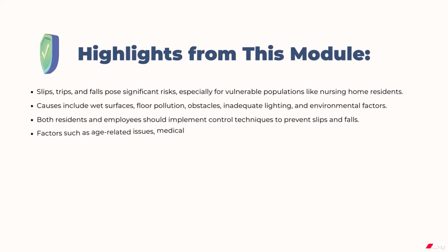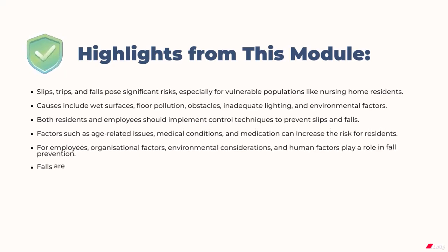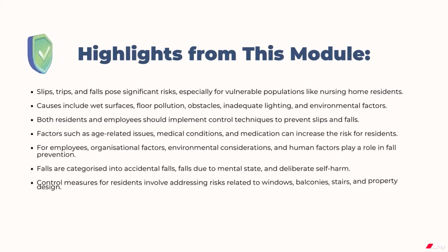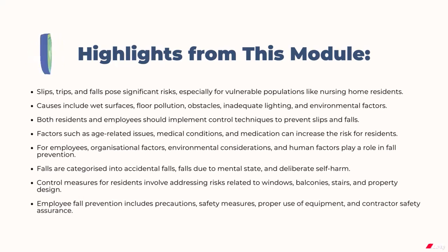Highlights from this module: slips, trips, and falls pose significant risks, especially for vulnerable populations like nursing home residents. Causes include wet surfaces, floor pollution, obstacles, inadequate lighting, and environmental factors.